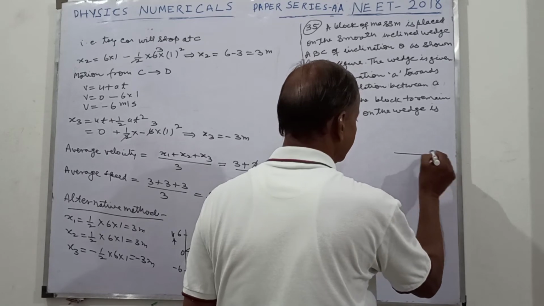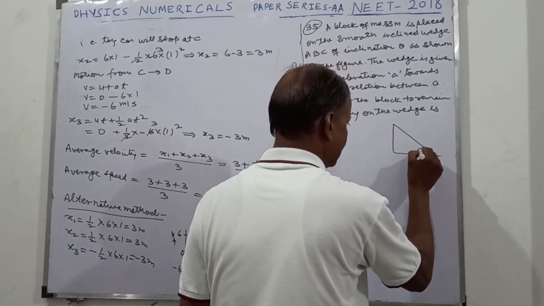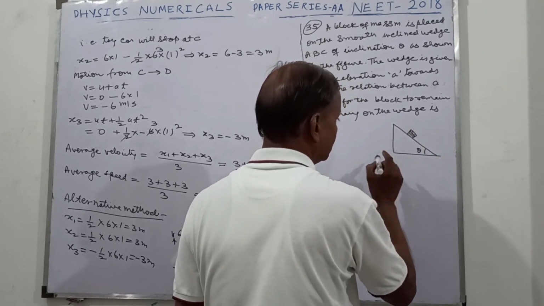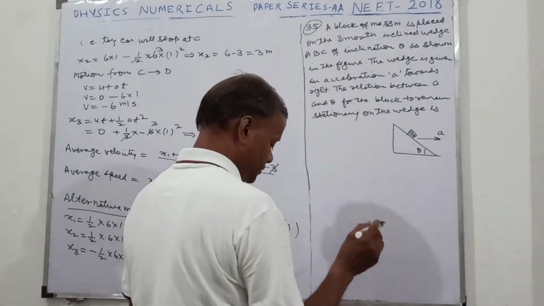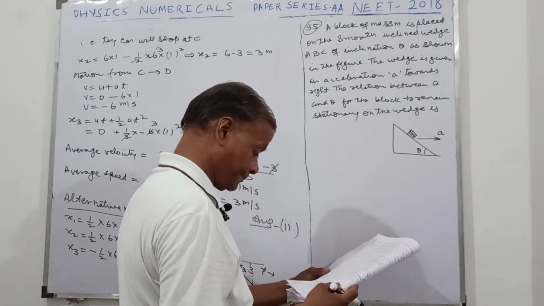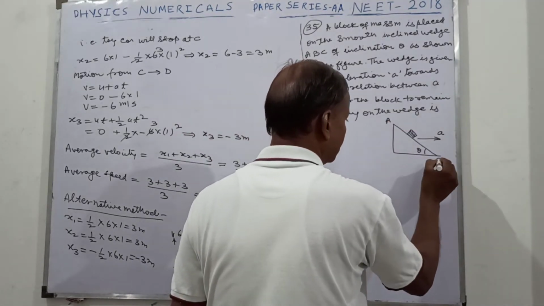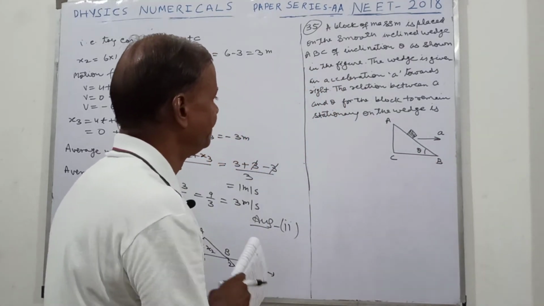This is given here. This is angle theta. Here is a block. This is given the acceleration A. This is A, B and C.